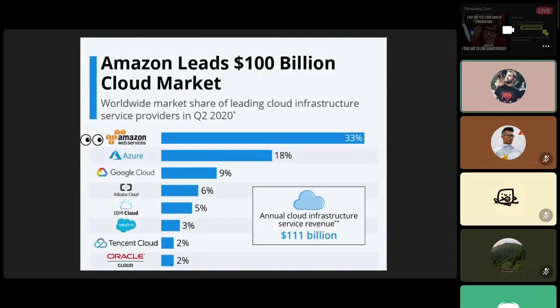And then this is always a slide that I like to put in there just for money and quantitative reasons, right? We see that the cloud is becoming a $100 billion market. That's pretty crazy, right? And so a lot of folks are using it. And notice how Amazon Web Services, aka AWS, is the primary shareholder there.